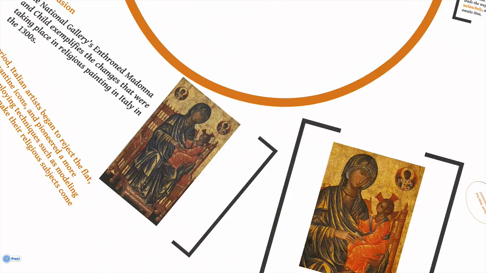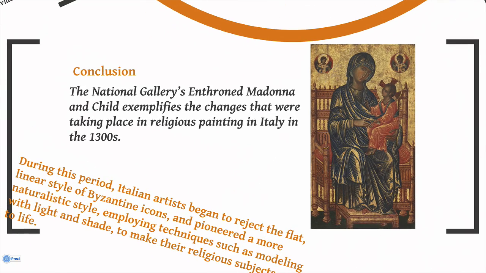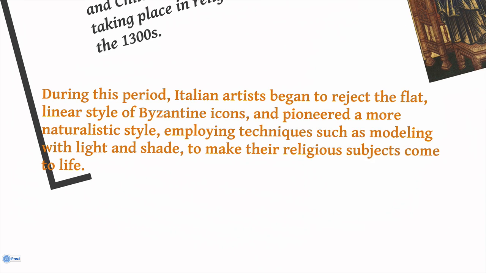And so let's go back, and here we can start our conclusion. The National Gallery's Enthroned Madonna and Child exemplifies the changes that were taking place in religious painting in Italy in the 1300s.